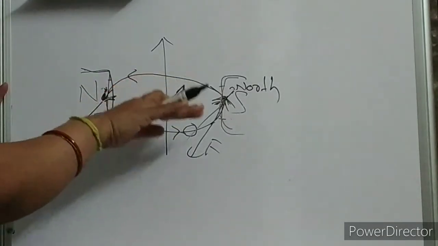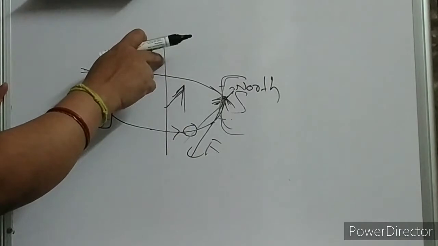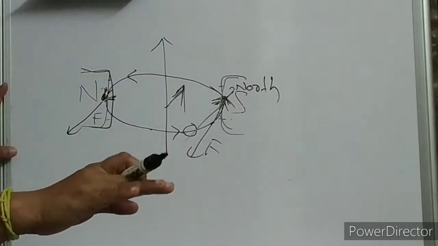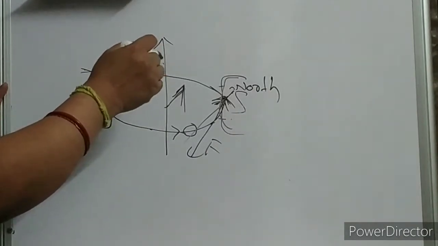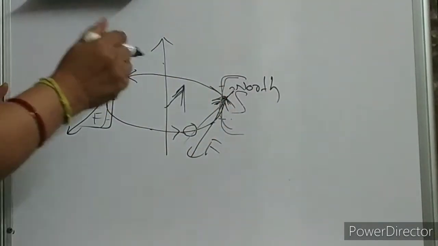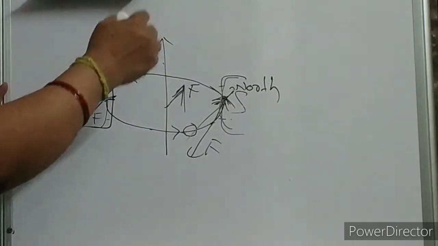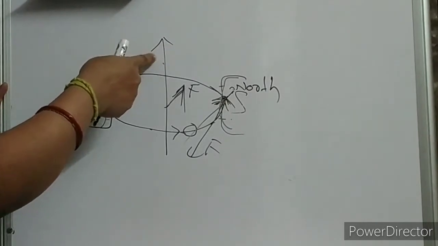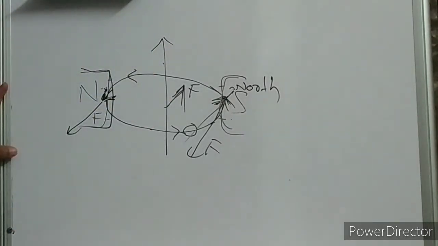That means your force experienced by the magnet due to this electromagnet is in outward direction. Then what is the force direction of this electromagnet experienced due to this magnet? Just reverse of it. That means that force will be inward for this current carrying conductor. This current carrying conductor is now experiencing a force in inward direction.